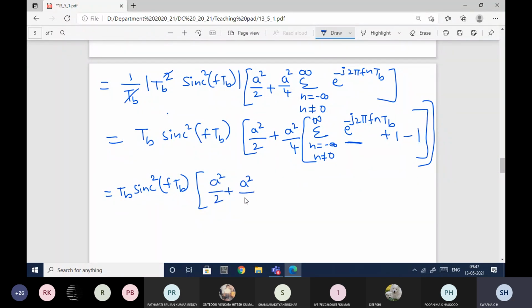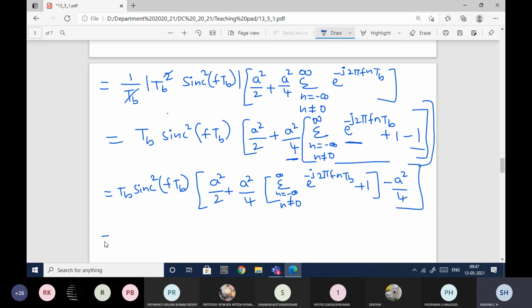So this A square by 4, I'll multiply it to this and also to this. Let me write it separately as summation n is equal to minus infinity to plus infinity, n not equal to 0, e power minus j 2 pi f n tb plus 1 I'll take to this, and this A square by 4 I'll multiply to this minus A square by 4. Anybody has doubt in this? You can ask me.